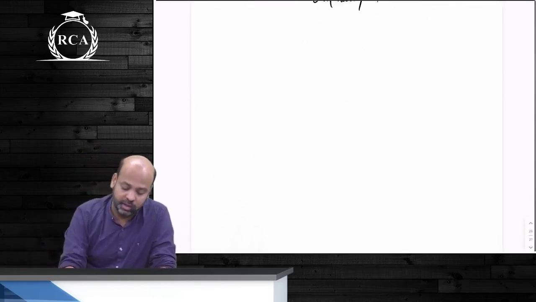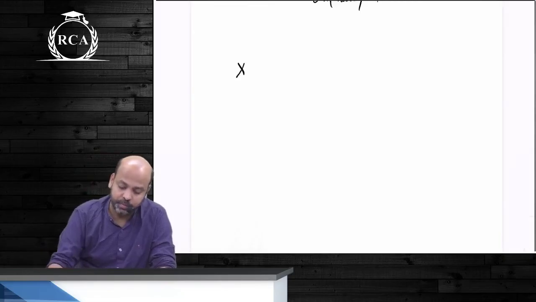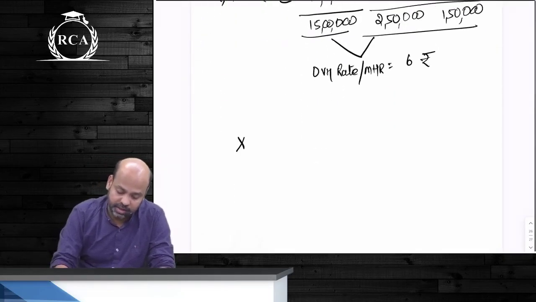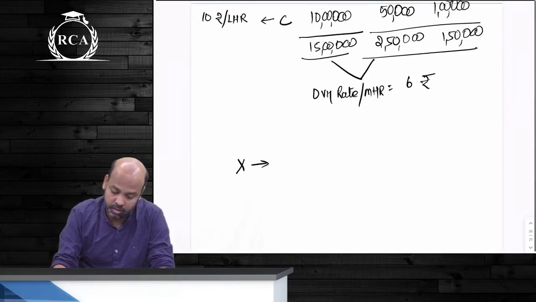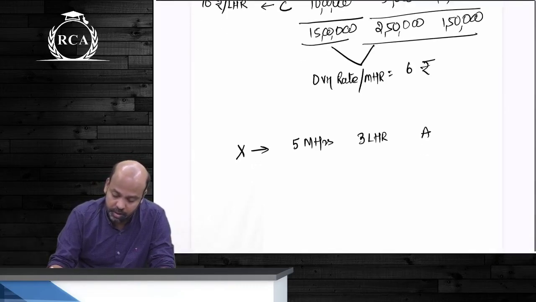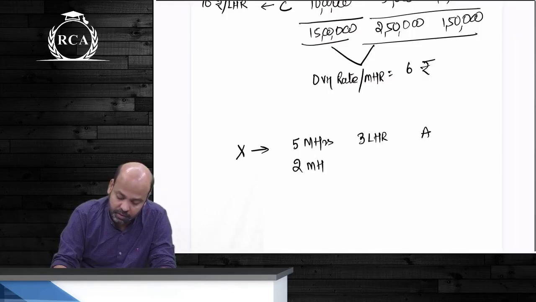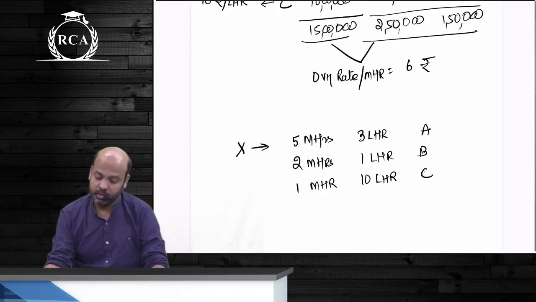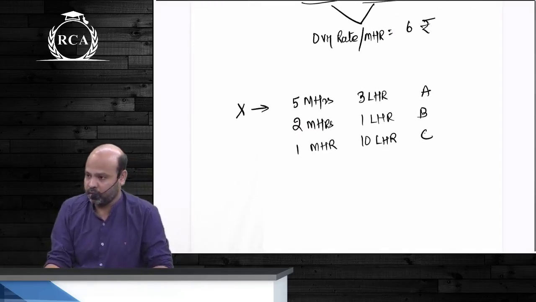Now let's say that there is a product X. This product X needs about 5 machine hours, 3 labor hours in department A. It needs about 2 machine hours, 1 labor hour in department B. It needs 1 machine hour and 10 labor hours in department C. Alright.